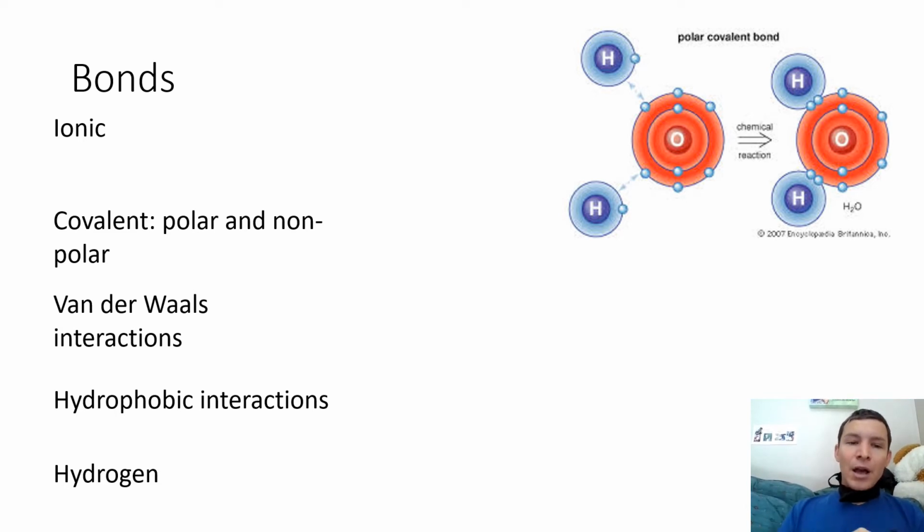And so water is able to have this type of interaction as well as hydrogen bonds because it is a polar molecule, and sometimes those poles will line up with each other and have a static clinging to each other.